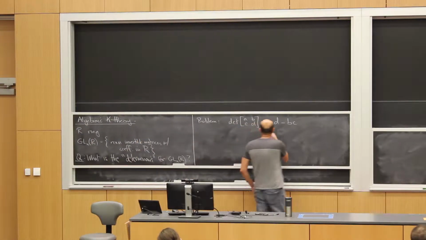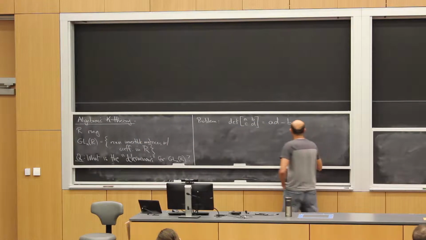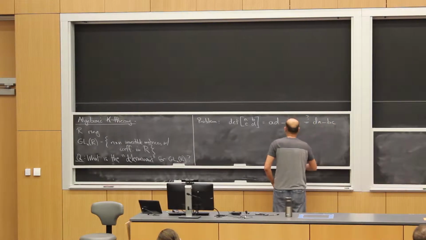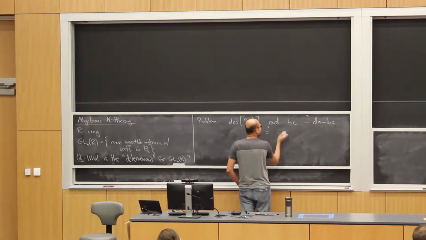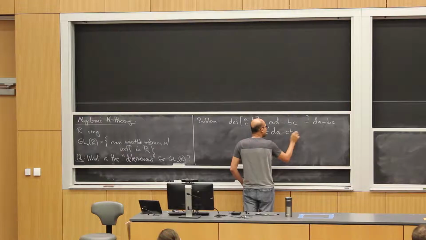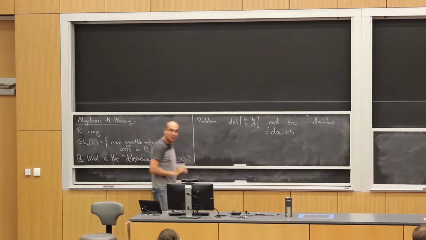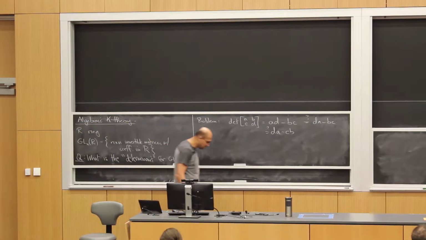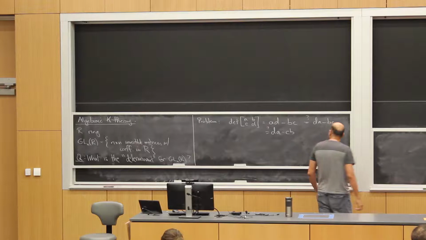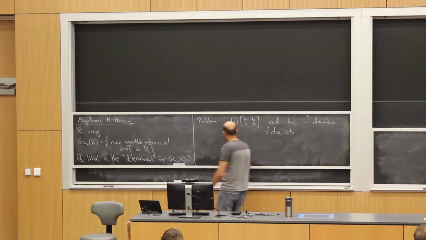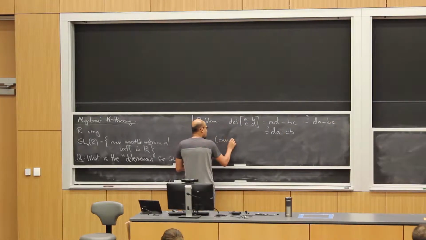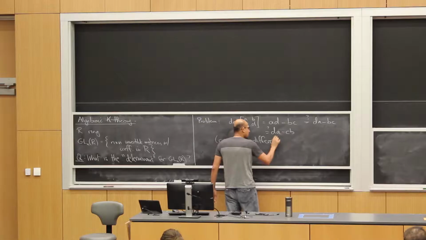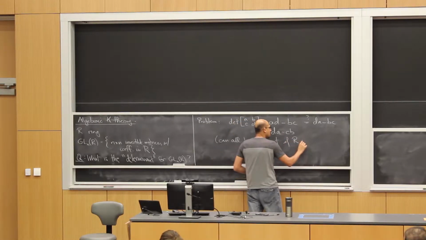Do you take this as the determinant, or do you take this or this, dA minus CB, etc.? There are lots of choices there, and none of these are canonical. There's no reason to prefer any one of these over any other. So these can all be different if R is non-commutative.